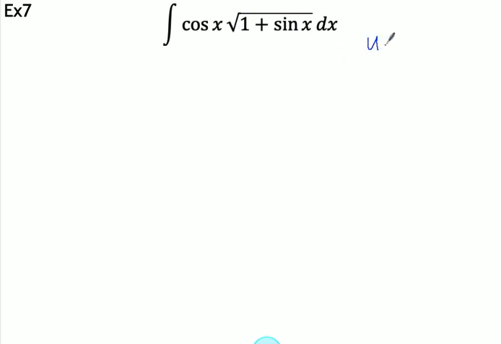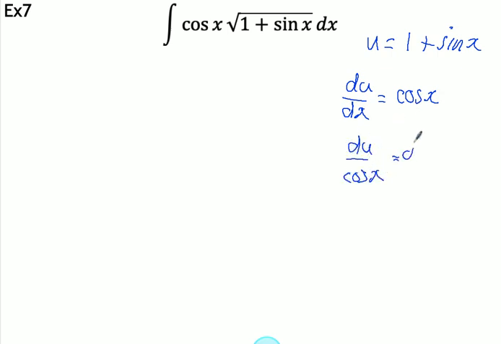So I'm going to set u as 1 plus sine x. And then we go through as normal. I'm not going to make sine x the subject here. It's not going to be of any use.